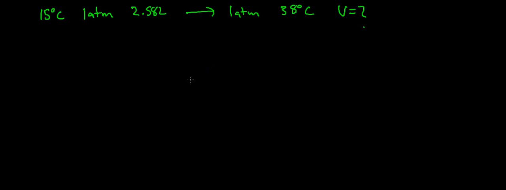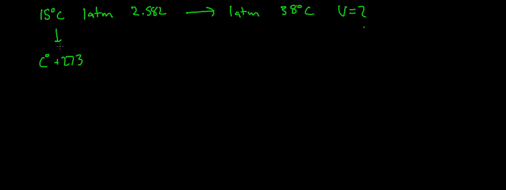Now, it's important to know that when dealing with almost anything in chemistry, it's important to convert Celsius to Kelvin, because Kelvin is an absolute scale. Celsius is basically a scale of the freezing and boiling of water. But in chemistry, I'm not really interested in that, so I need to convert this to Kelvin, and I do that by taking the Celsius and adding 273.